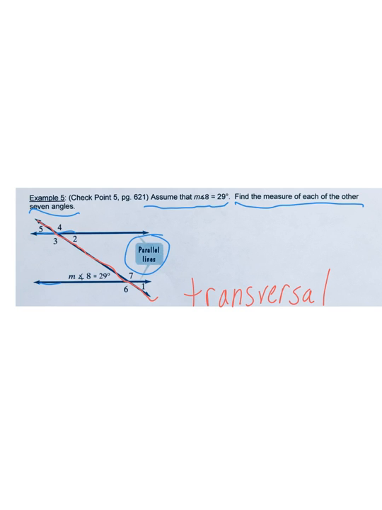Something really neat happens when you have a transversal cutting through 2 parallel lines. You have these 8 angles that are formed, and each of the 8 angles will have one of 2 answers for its measurement every single time.